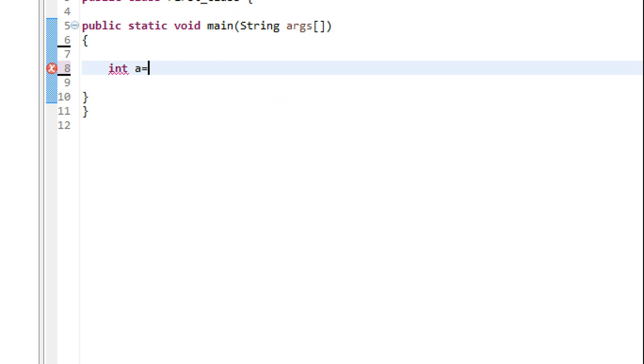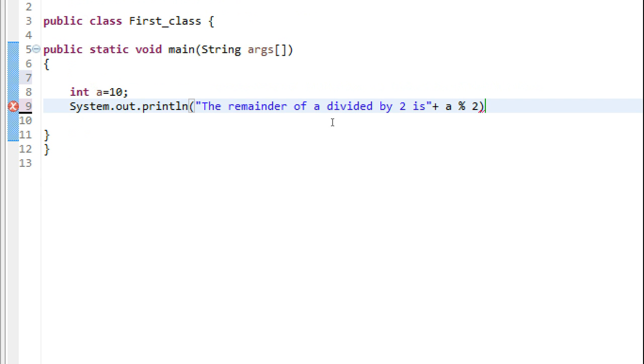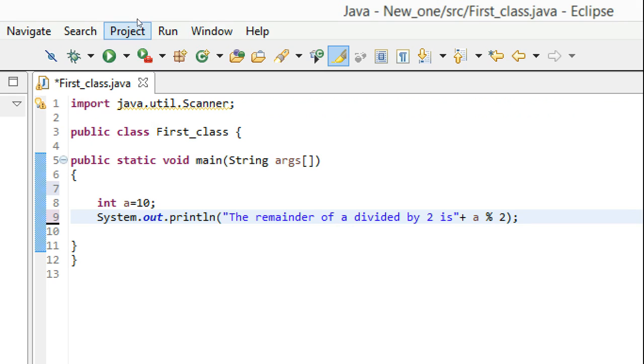Let me define int a, say 10, and then write System.out.println, "the remainder of a divided by 2 is", and don't forget the concatenation sign as always, then a % 2. This would give me the remainder of a, that is 10, divided by 2. Let's run it.